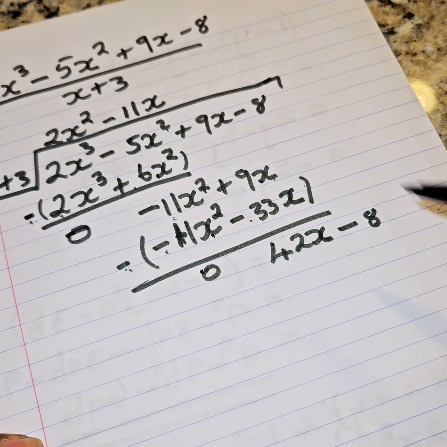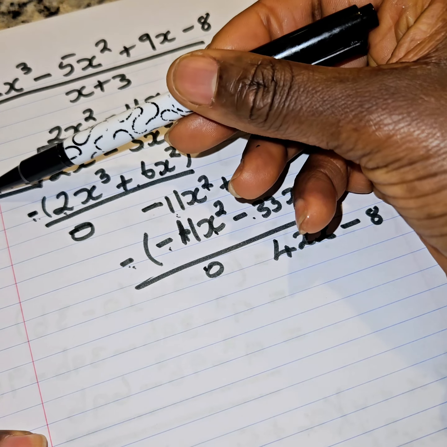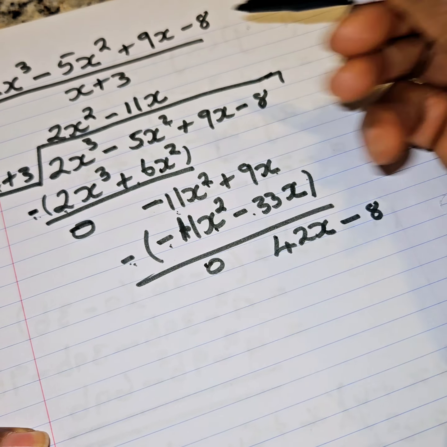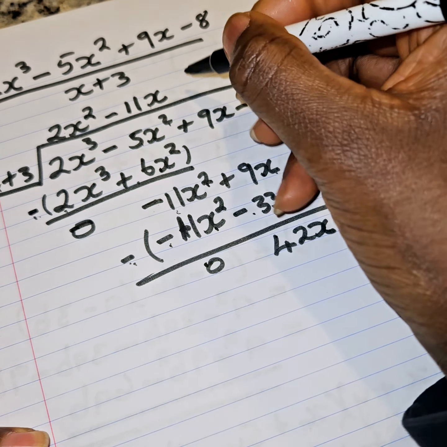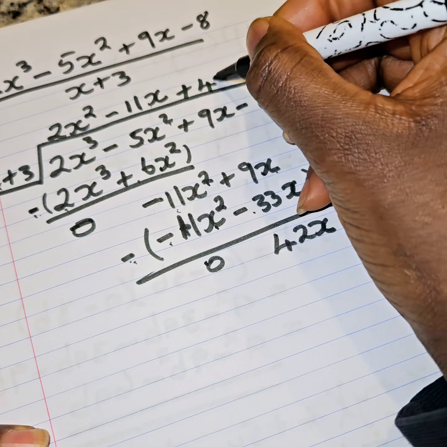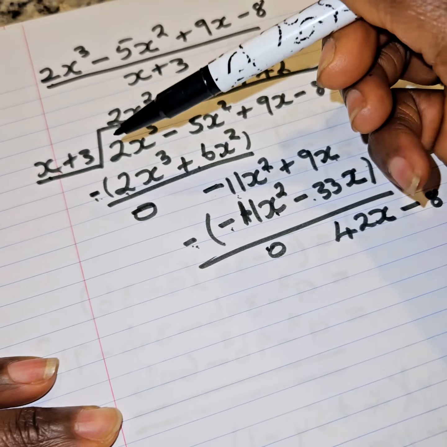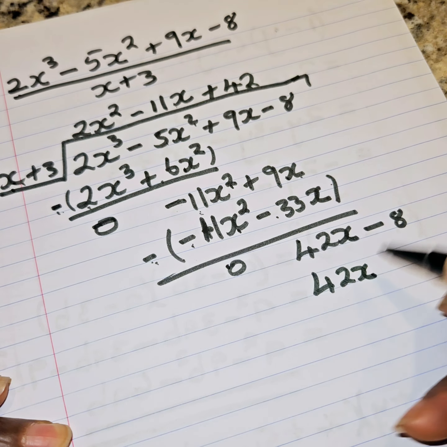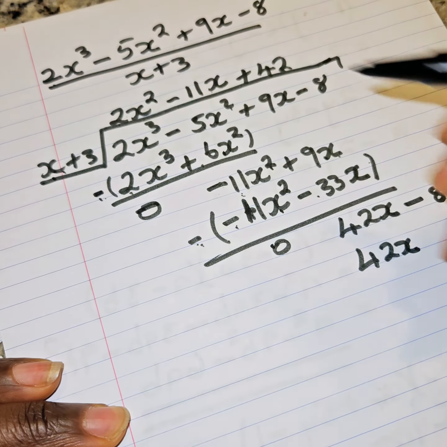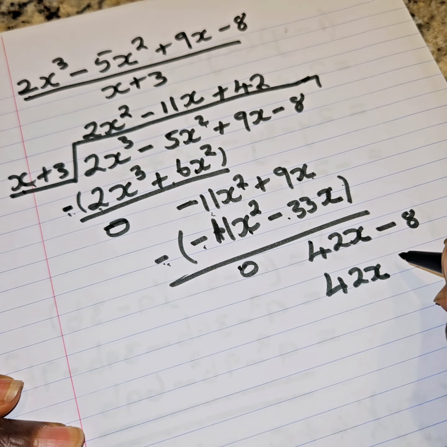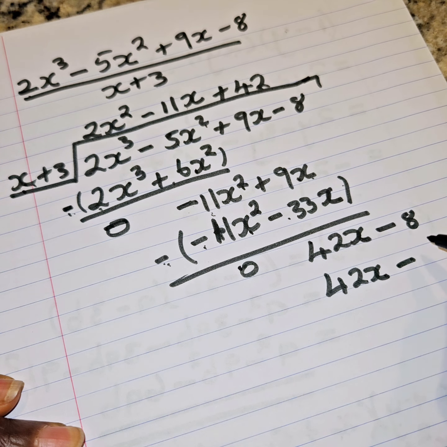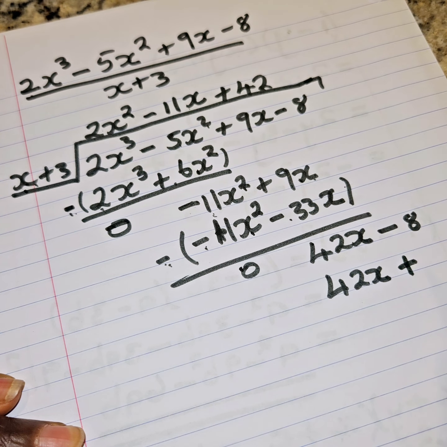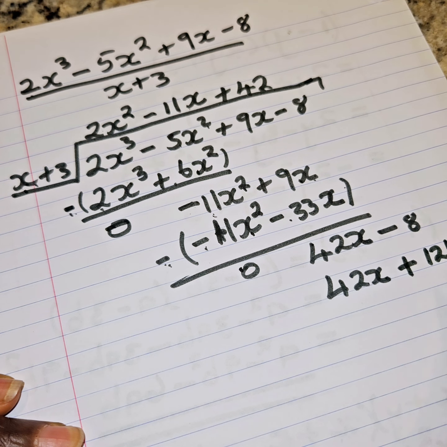The next thing I will do is look for a number that I'll multiply by this x to have this number here, 42. That will be plus 42. 42 times x is 42x. 42 times 3 is going to be plus 126.